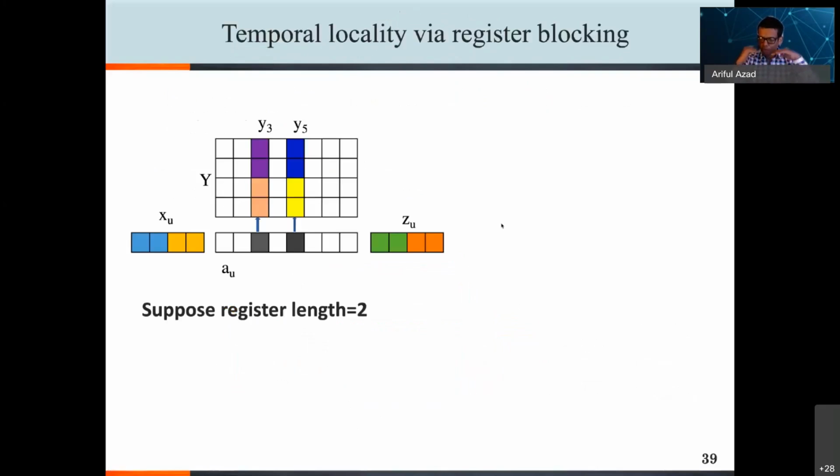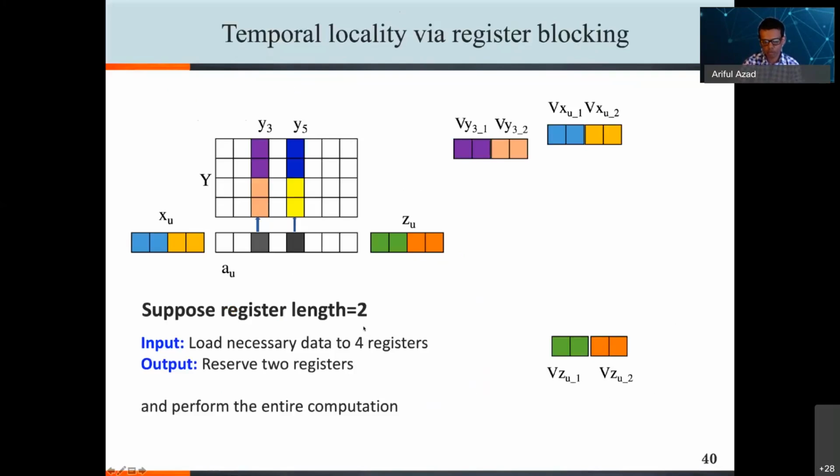Then within a particular thread, we want to make sure that we don't read data more than once unnecessarily. And we make sure of this by using register blocking. Suppose we are considering a very simple register of length 2. That means we can only store 2 entries in the register.